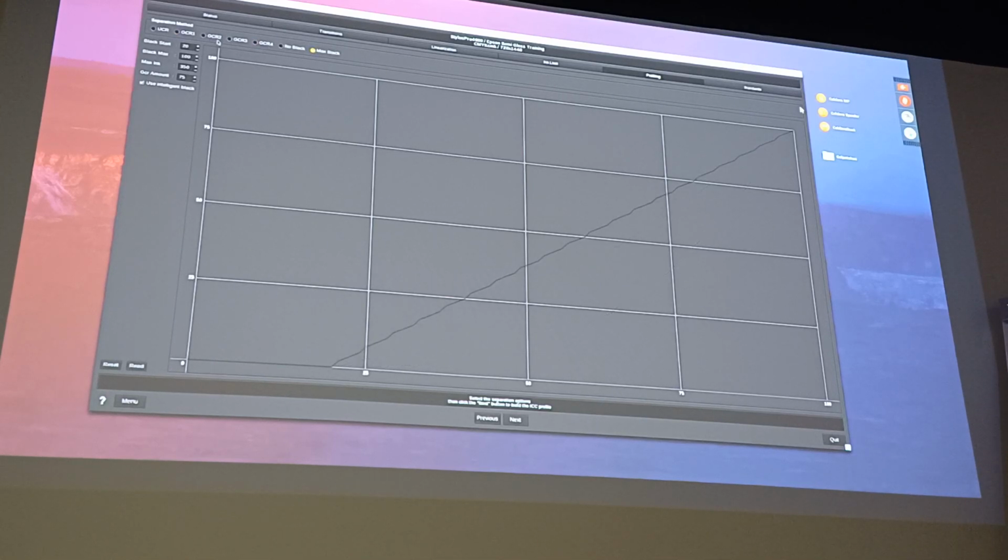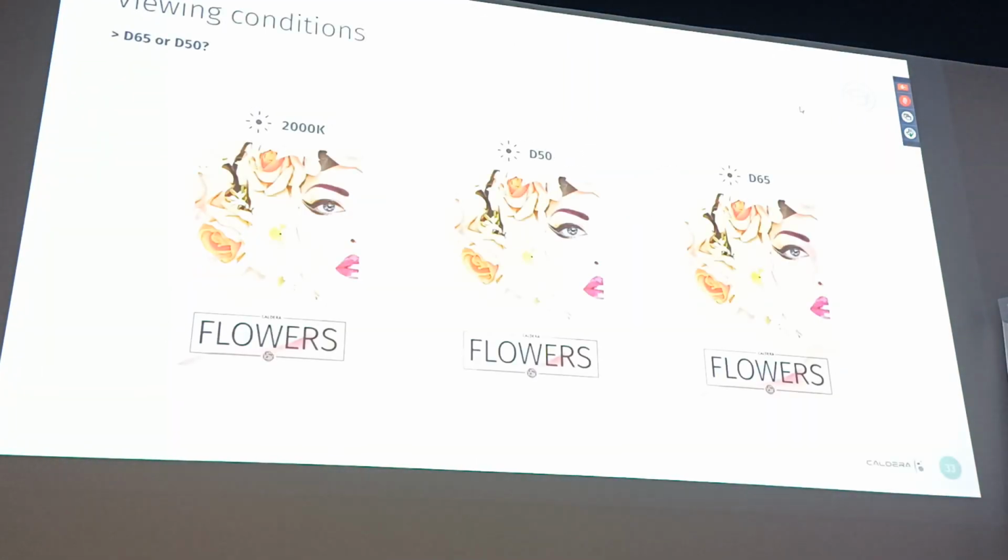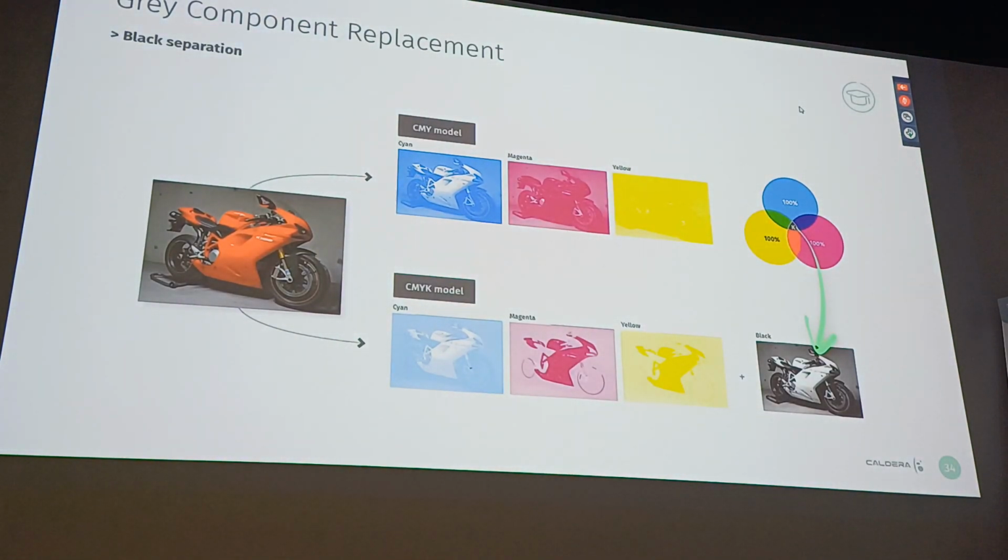So first off, what is GCR? GCR is known as gray component replacement. Theoretically, we know that the black color can be obtained by mixing 100% yellow plus 100% cyan and 100% magenta.